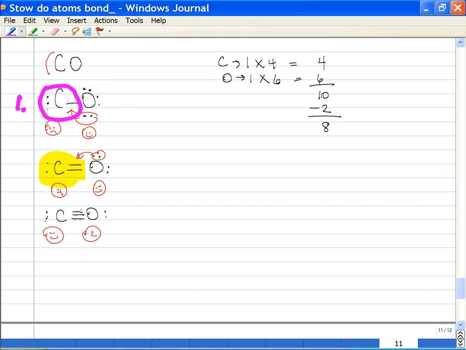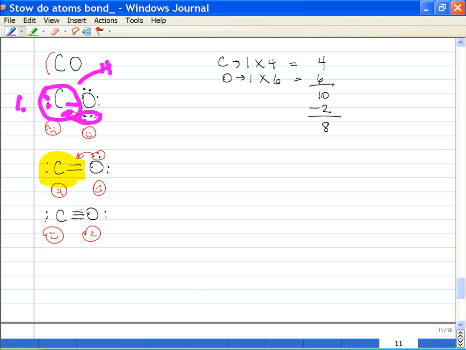Now we need to look at each atom separately and count the number of electrons that we can say are shared by it. So there's 2 here and there's 2 here. So here there's only 4. So therefore that's not enough electrons to make this a stable molecule. It has to have 8. So since it has to have 8, then we know that we need to take a pair that's shared on another atom and move it.